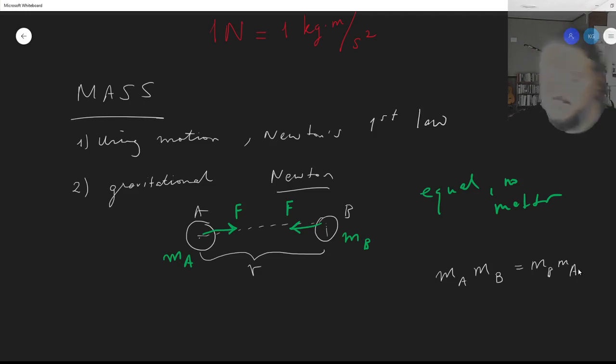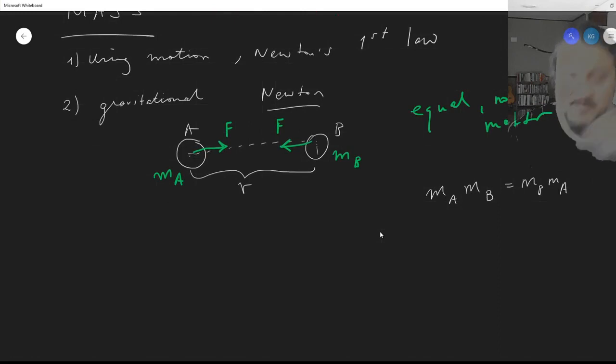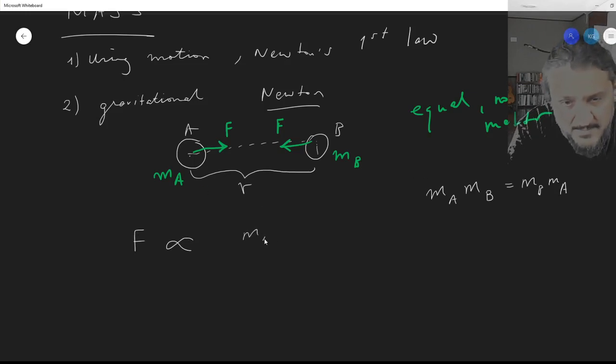Okay, remember, I can't feel the force if it's small objects, but if one of them is the Earth, now I can feel the weight, right? So size and mass does matter. There has to be a proportionality. Remember proportionals from the video on. So this force here has to be proportional to both MA and MB.